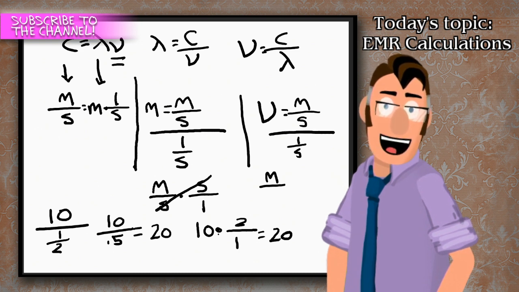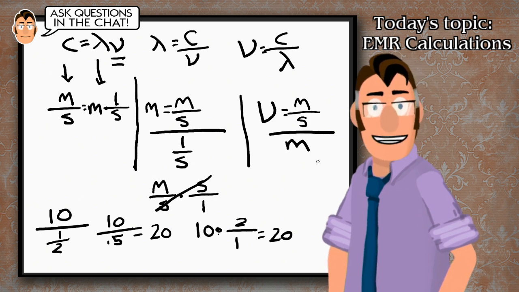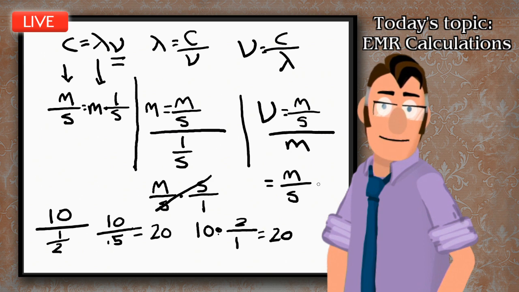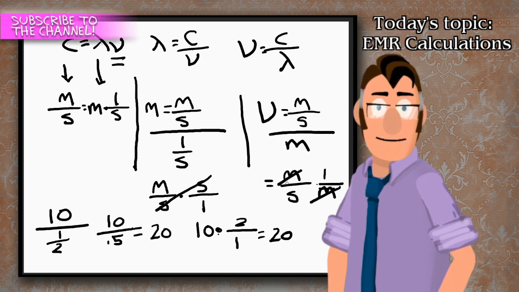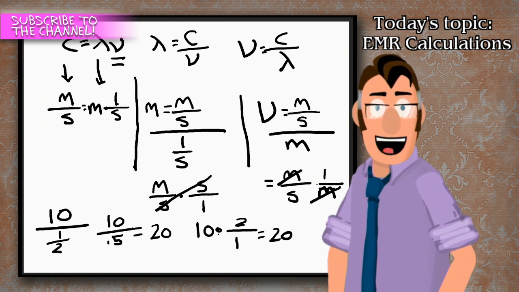Sorry about that, I got wrapped into my old problem there. So I have meters per second over meters. We can rewrite that as meters per second times the inverse, which would be per meter, and those would cancel out. So hopefully you understand how to make sure the units are working out for all this stuff.